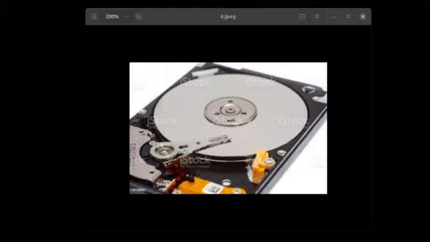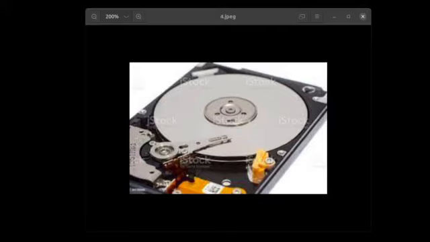Okay, my mistake. So SSD is something like a USB drive, and it doesn't have any moving parts in it, and it works electrically.